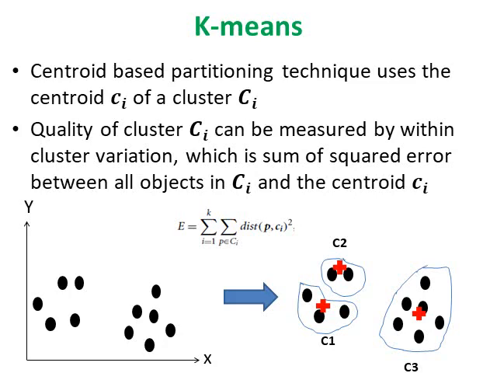Small ci is the centroid of a cluster. Here, for each object in each cluster, the distance from the object to its cluster center is squared and then the distances are summed. This objective function tries to make the resulting k clusters as compact and as separate as possible.